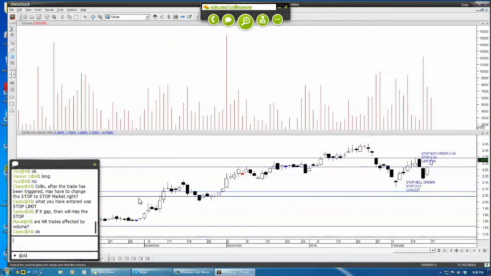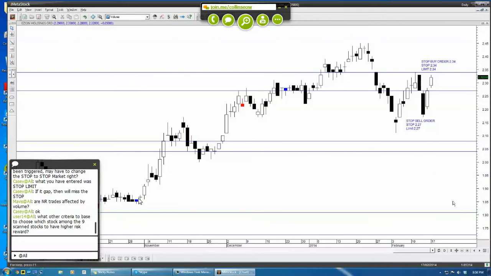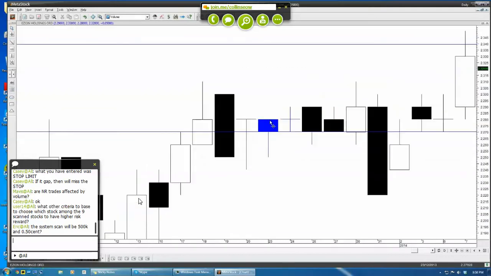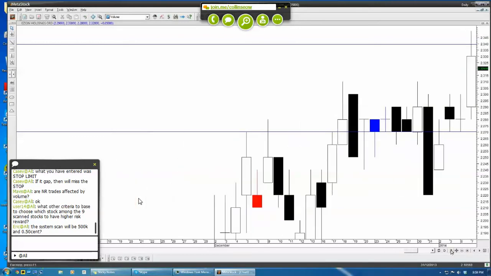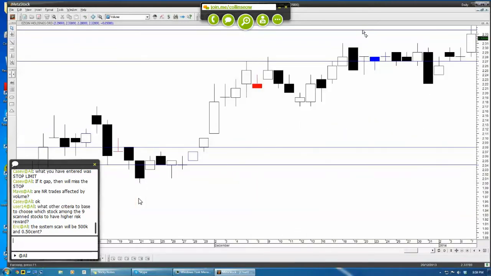How to make your trade have a higher chance of success? Number one, look for support and resistance. For example, in this trade here, you see this bar, and from here there is a resistance.